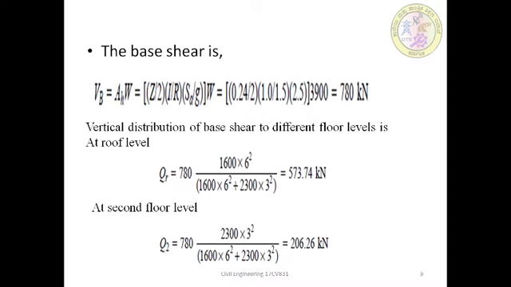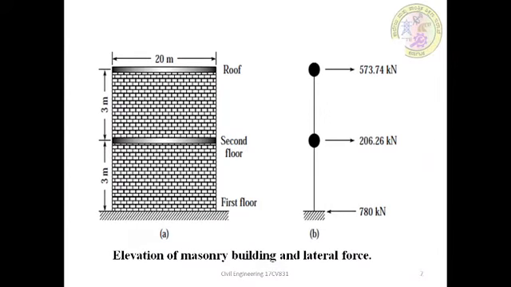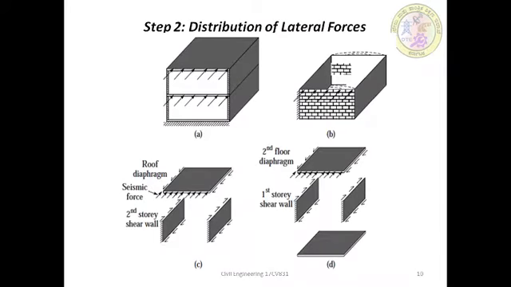Then similarly for the second floor level also, this 780 is distributed as W h i square divided by sum of W h i square. So according to this, it is calculated as 206.26, which we can see from the figure. So this 780 at the bottom is to be distributed as 206.26 and 573.74. Like that, the total load is to be calculated.